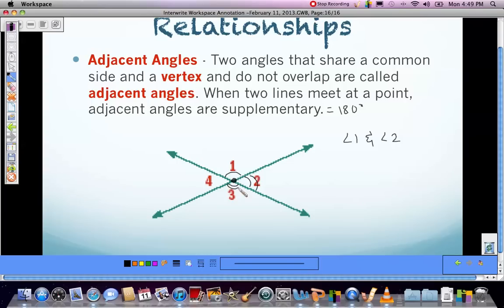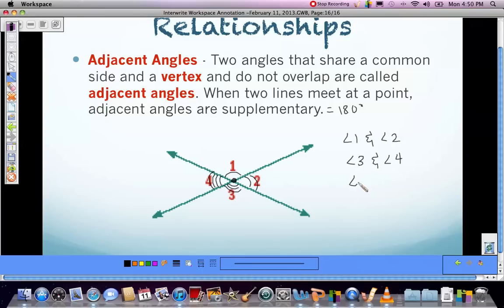Let's look at angle 3, and I'm going to indicate that with 3 arcs. Angle 3 and angle 4 are also supplementary adjacent angles. They are adjacent because they are right next to each other, and they are also supplementary because their angle measures would create a straight line and equal 180 degrees. There are a few more pairs of adjacent angles in this example.